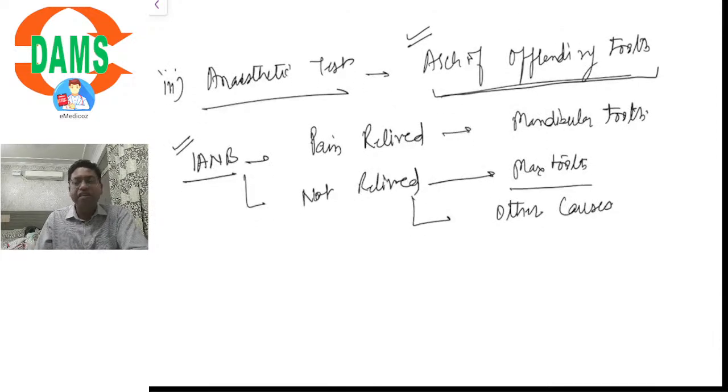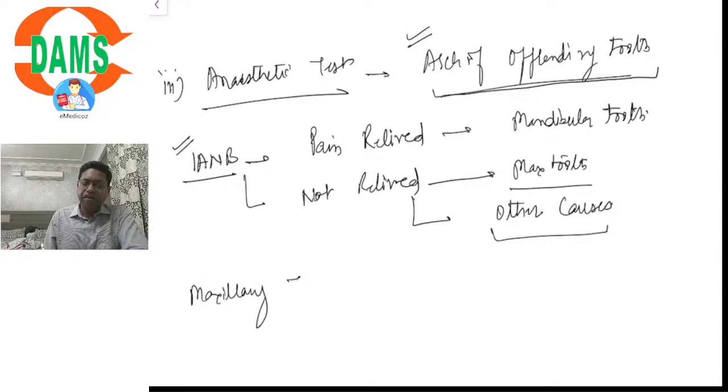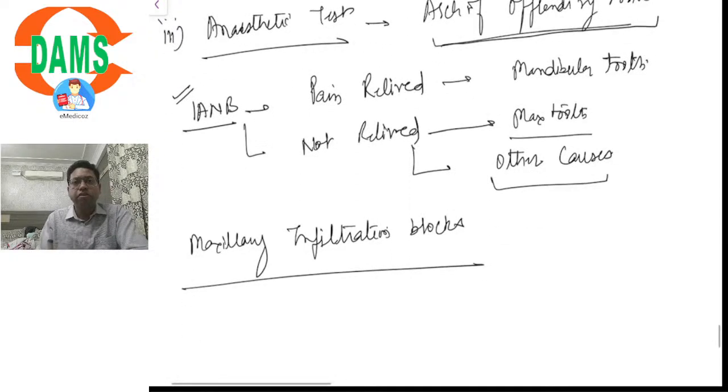Okay, it can be a maxillary tooth if the pain is not relieved. We cannot be sure about it. Or it can be due to other causes like a non-odontogenic cause of pain, isn't it? Now we give maxillary infiltration blocks. Maxillary infiltration blocks.